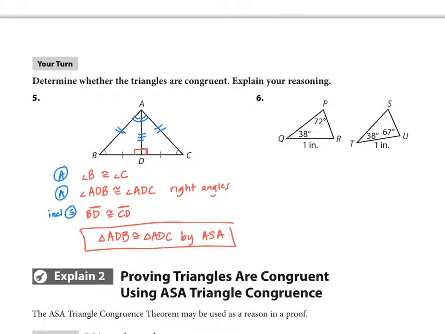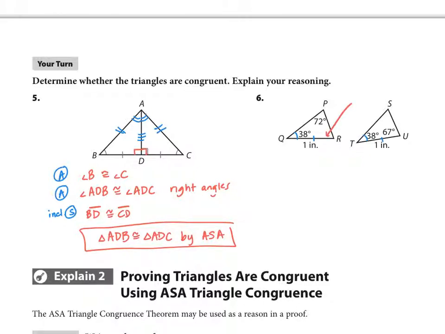Let's look at number 6. Go and think about that while I get our information here. So we have triangle PQR and triangle STU. We're going to figure out if they're congruent. We only know that QR is congruent to UT, and that angle Q is congruent to angle T. What we'll need to use here is the Triangle Sum Theorem.